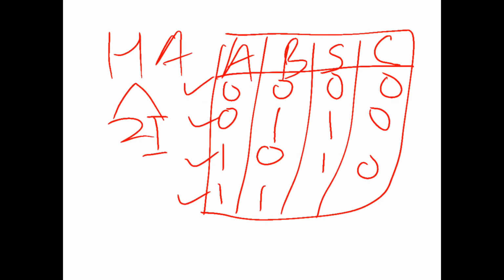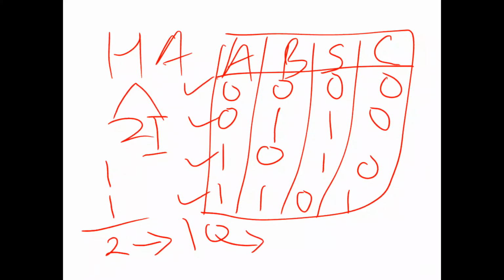Similarly, if we talk about the last row, 1 plus 1, the sum will be, according to the previous problem, 0 with carry 1, because we know that when 1 is added with 1, obviously in decimal it will be 2, but we are talking about binary, so 2 in binary will be 10. So this bit will be the sum bit and this bit will be the carry bit.